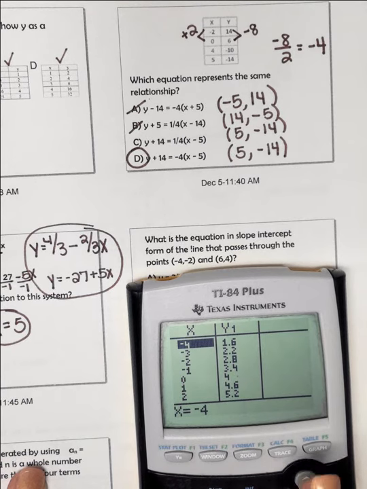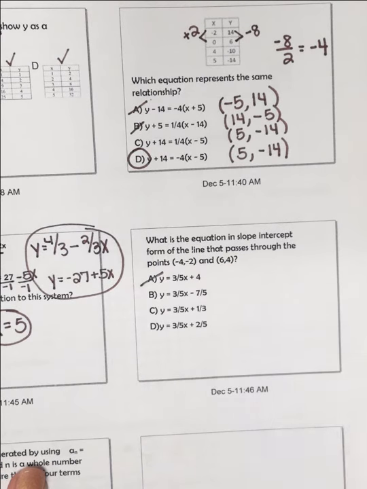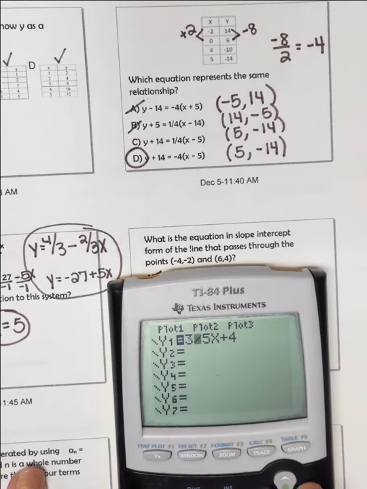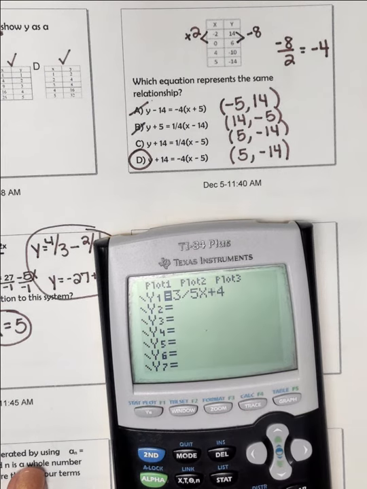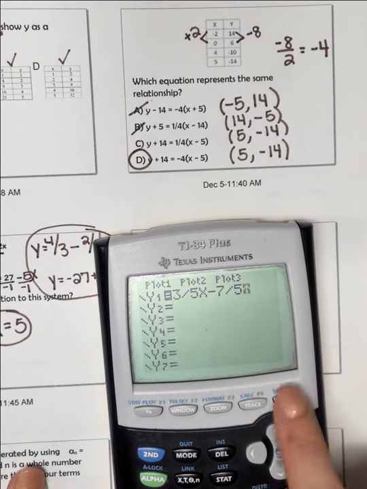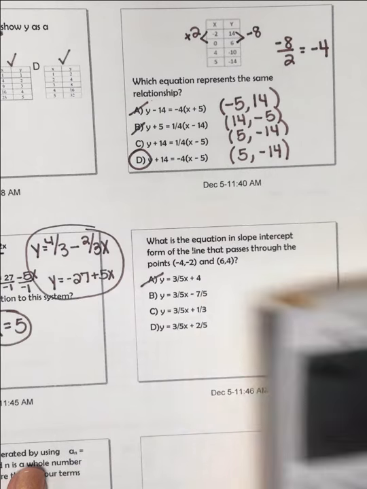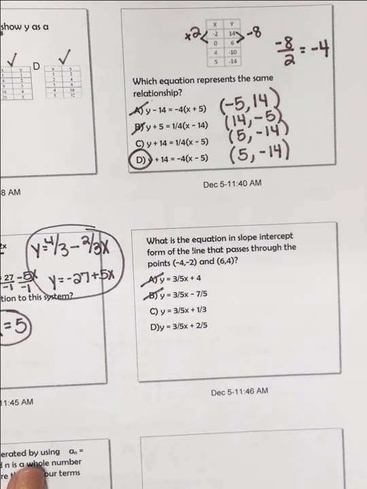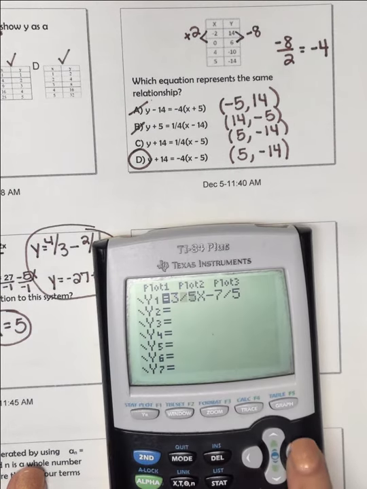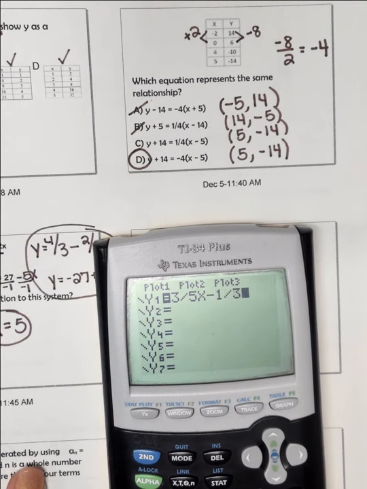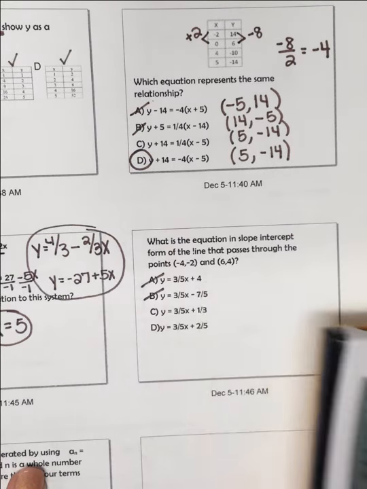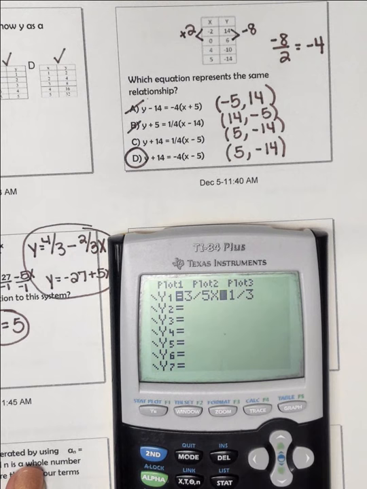No, that's not on there. Okay, let's try the next one. 3/5 x minus 7/5. Negative 4? Nope, that's not it. Okay, 3/5 x minus 1/3. Oh, sorry, plus 1/3.